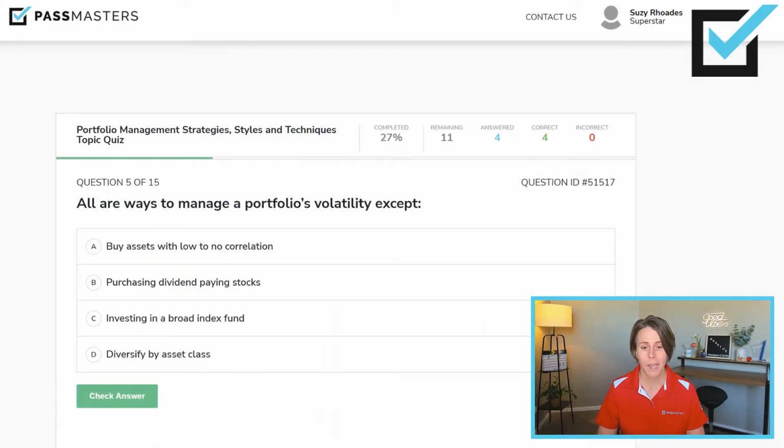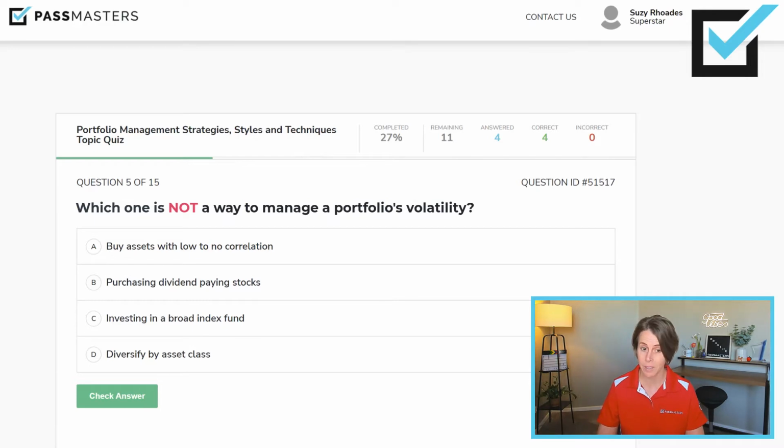All are ways to manage a portfolio's volatility except. So rewording it without the except, which one is not a way to manage a portfolio's volatility? Buy assets with low to no correlation, purchasing dividend-paying stocks, investing in a broad index fund, or diversify by asset class.